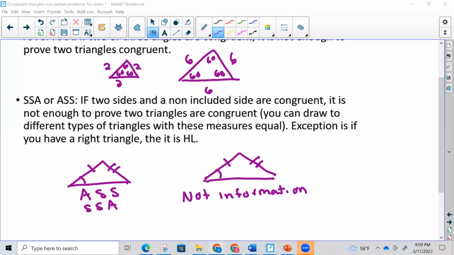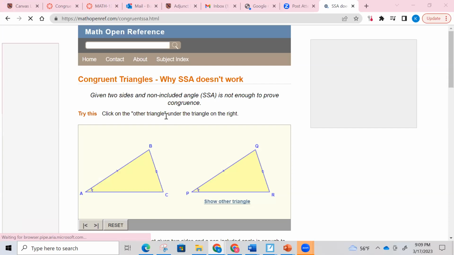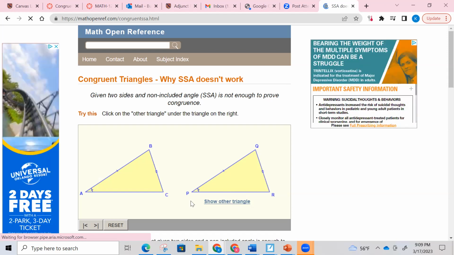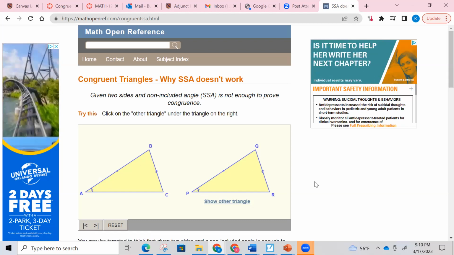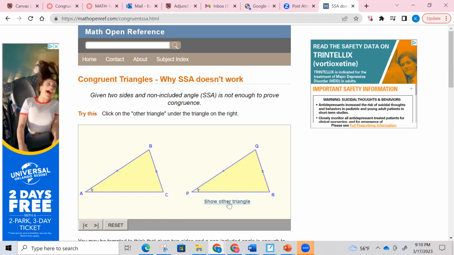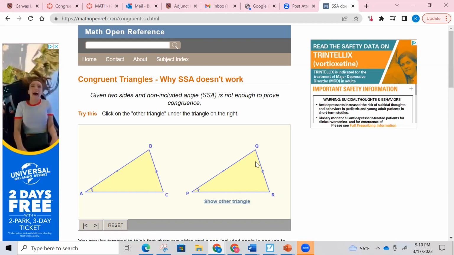So there is an applet that I want to show you here. If I'm given 2 sides and a non-included angle, side-side-angle or angle-side-side, it's not enough to prove congruence. The reason is the triangles could be congruent. So I have angle A congruent to angle P, AB congruent to PQ, and BC congruent to QR, and they are congruent. But I can have the same congruent parts, and I can change this angle B from being this obtuse angle to an acute angle.